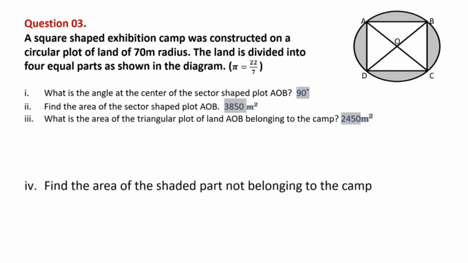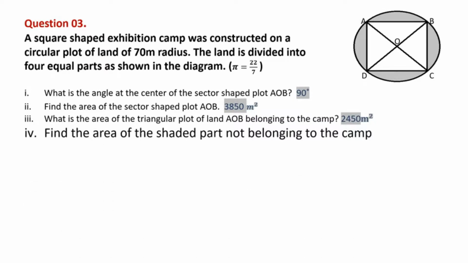The fourth part is to find the area of the shaded part that does not belong to the camp. At the beginning of the question, we understood that the square is the camp and the part outside the square does not belong to the camp. So we have to find the area of the shaded region. Already in the previous questions, we found the area of the sector and the area of the triangle.